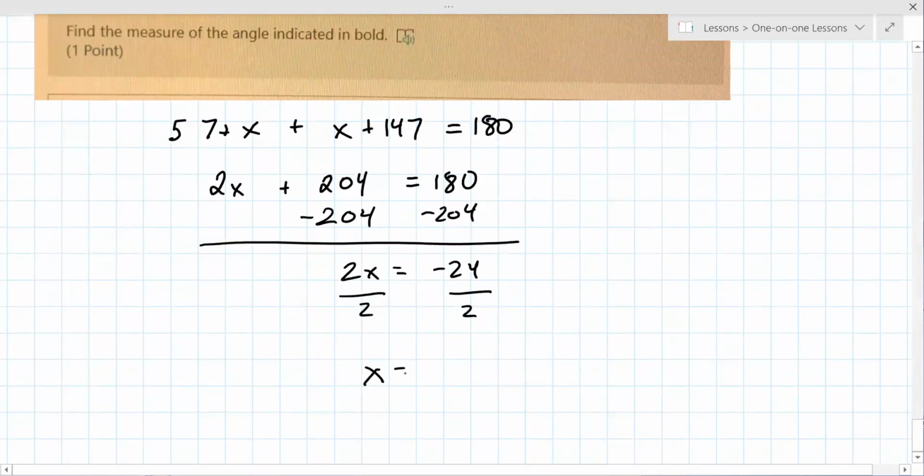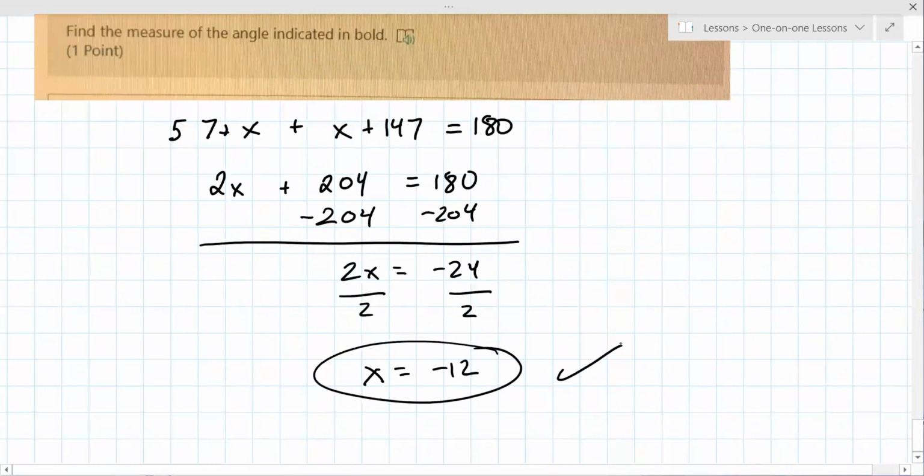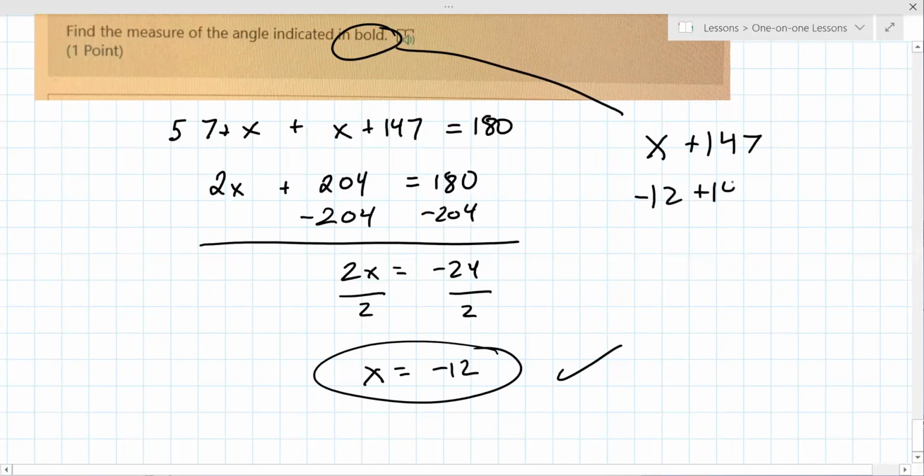So x equals negative 12. Is that what it wants, though? Is that the answer? No. You have to go back and say, okay, it's really x plus 147. So negative 12 plus 147 is 135 degrees again.